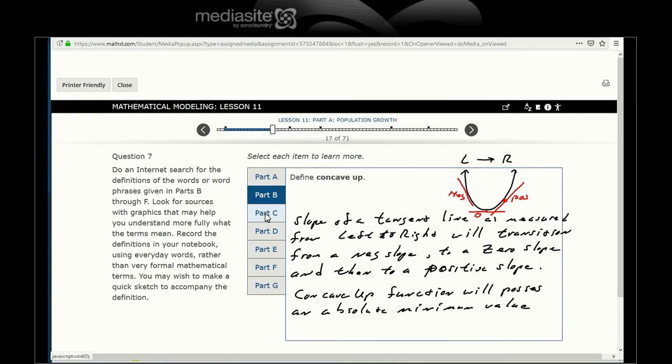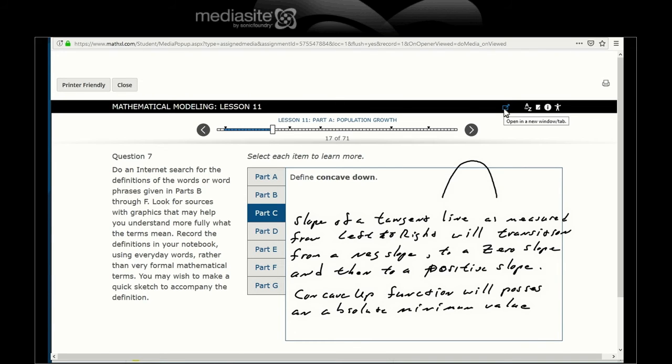So part C, define concave down. Well, basically just the opposite. Concave down: positive slope, 0, negative.